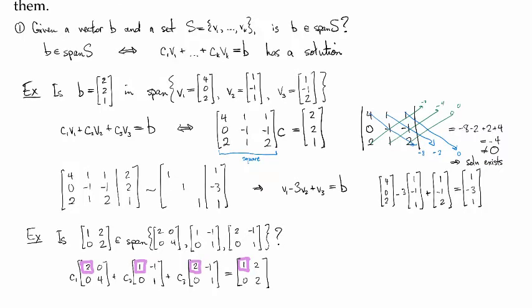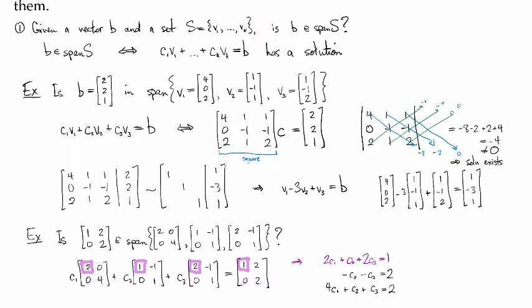So that gives me an equation there in purple. We have 2c1 plus c2 plus 2c3 equals 1. And similarly, collecting the terms from the other entries in the matrix, we would get the equations minus c2 minus c3 equals 2, and 4c1 plus c2 plus c3 equals 2.